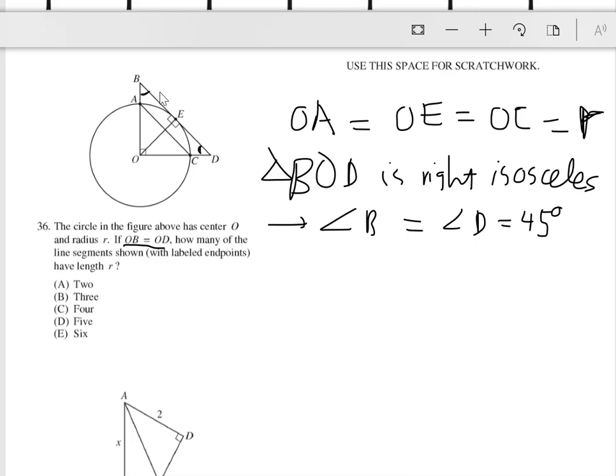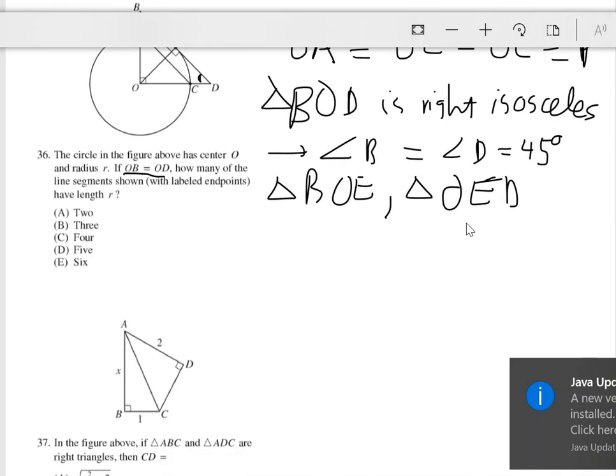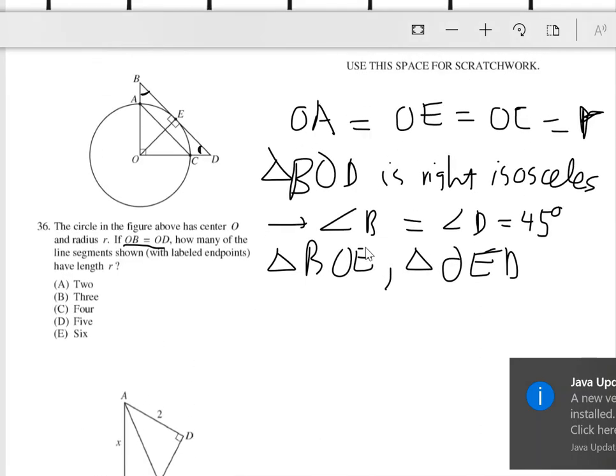Furthermore, they are also right isosceles triangles, because each of them has an angle equal to 45 degrees. So BOE and OED are also right isosceles triangles.